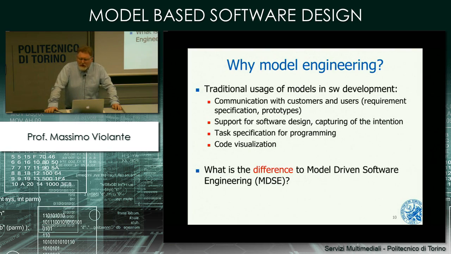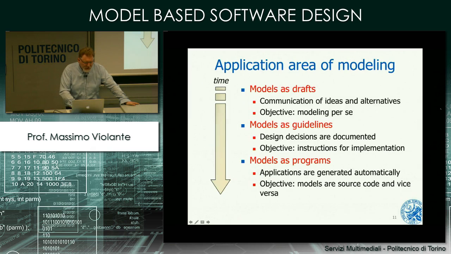Model engineering, as we have seen a couple of slides ago, is based on models for a number of purposes. That is documentation, code visualization, definition of the structure of the classes of software, and so on and so forth. But why is model-driven software engineering different? Well, the answer is here. The process that we will follow is the following.